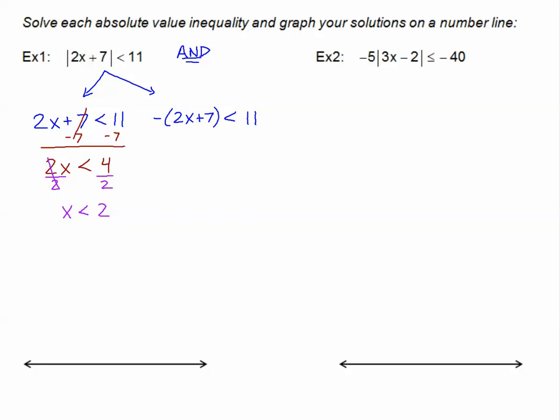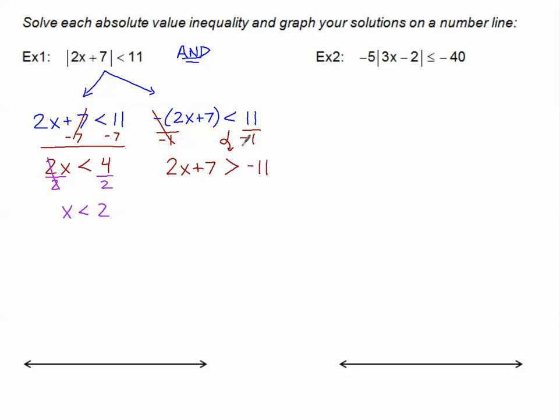Okay, great. Now I could distribute this negative, or I could just divide this negative away. In this case, I'm going to divide this negative away. When I divide by a negative, of course, it cancels out this negative, and I'm left with 2x plus 7. Dividing by a negative number will switch my symbol to become a greater than. And of course, we have negative 11 here.